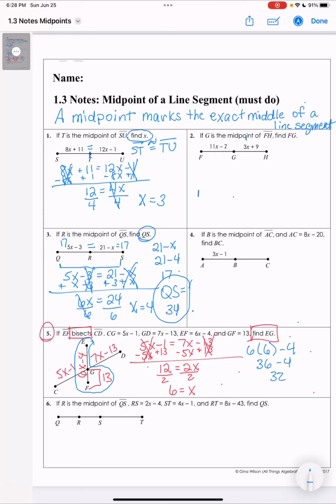And then this section right here, GF, is 13. So using the segment addition postulate, we know that EG and GF added together equal the entire thing. Well, this is the whole thing right here. So we're going to subtract this 13, which is the part, and then we'll get the other part, which is what we're asked for, EG. So 19 is what we have for that.